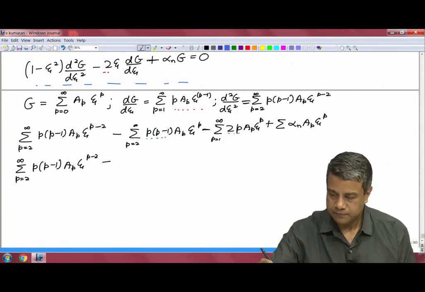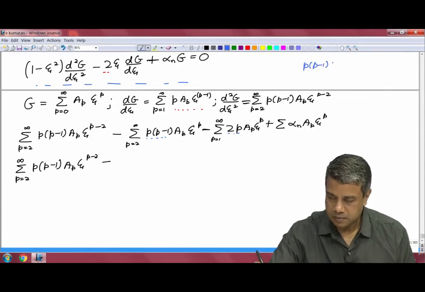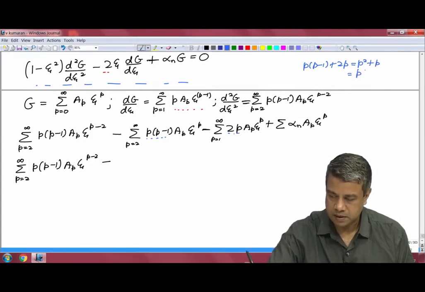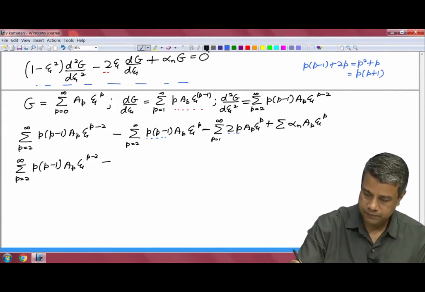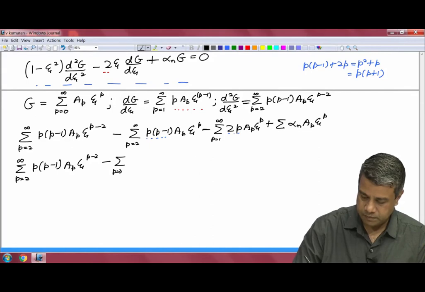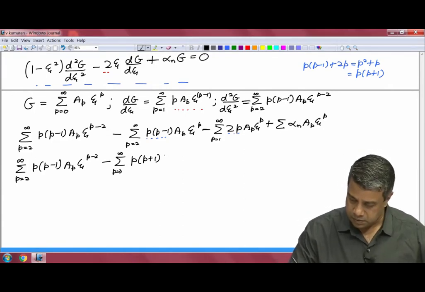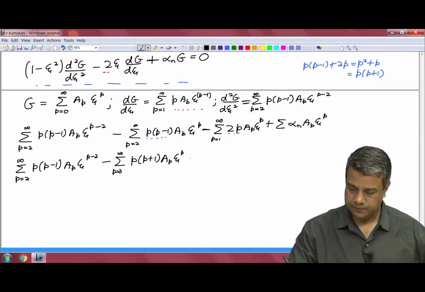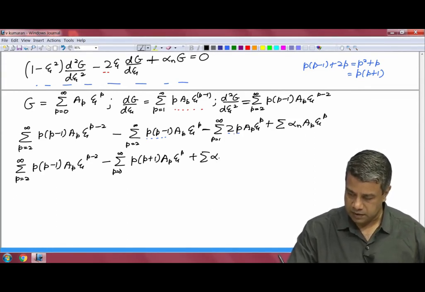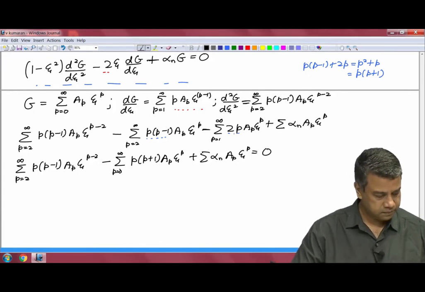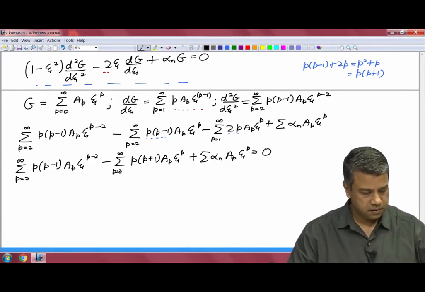So, p into p minus 1 plus 2p, you can verify this is equal to p square plus p, which will be equal to p into p plus 1. p into p plus 1, plus sigma alpha n a p psi power p.